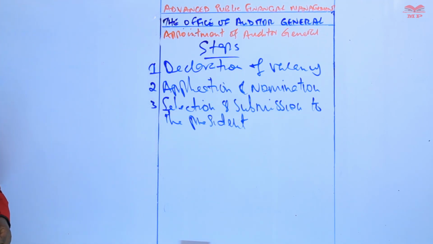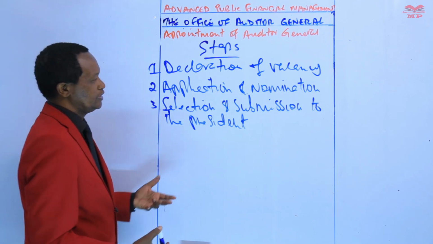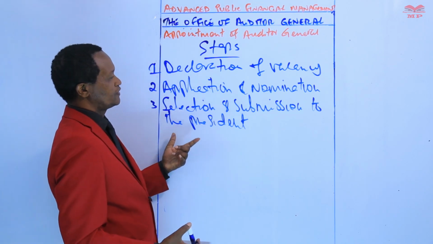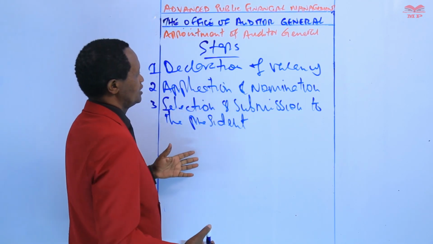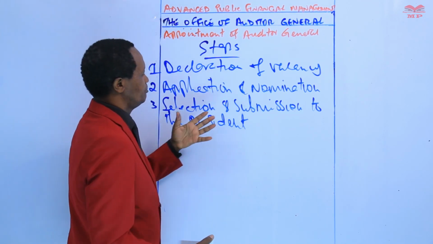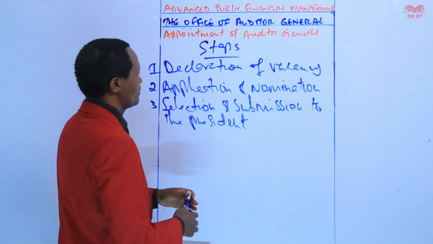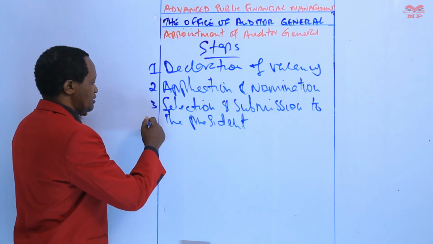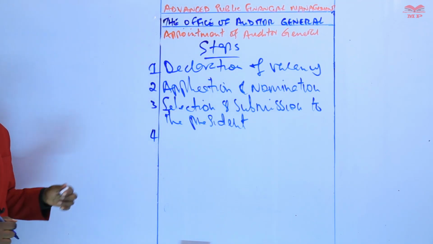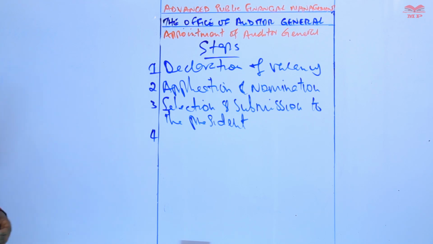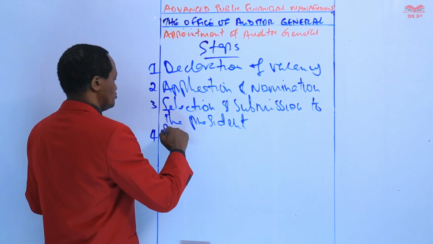The Public Service Commission, within a specified time frame, which is 7 days of the selection, forwards the names of the shortlisted candidates to the President. Within 7 days, after identifying the 3 candidates, the Public Service Commission then submits the names to the President. The fourth step is presidential nomination.